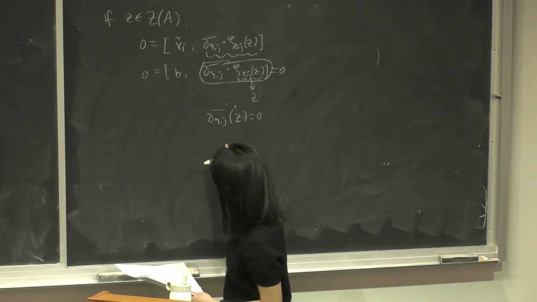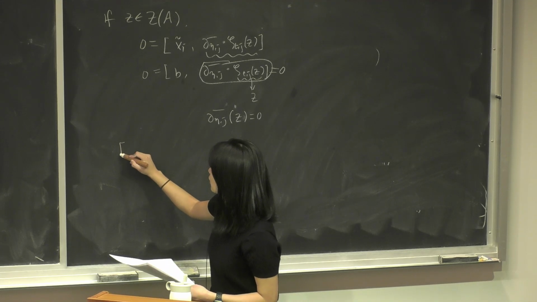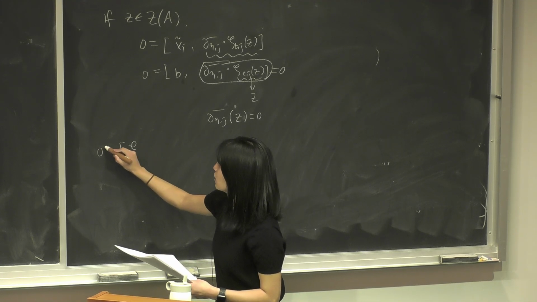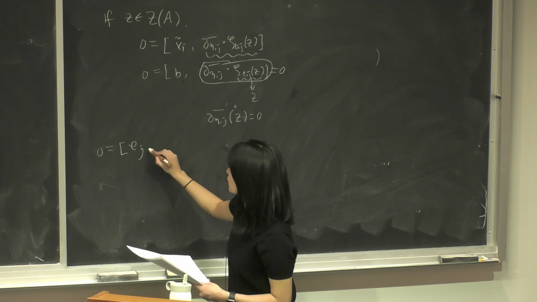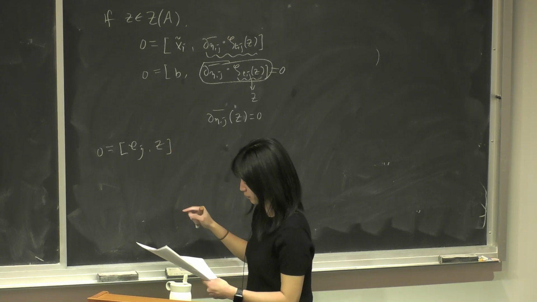Since Z commutes with xj tilde, the commutant of xj tilde and Z is also 0.